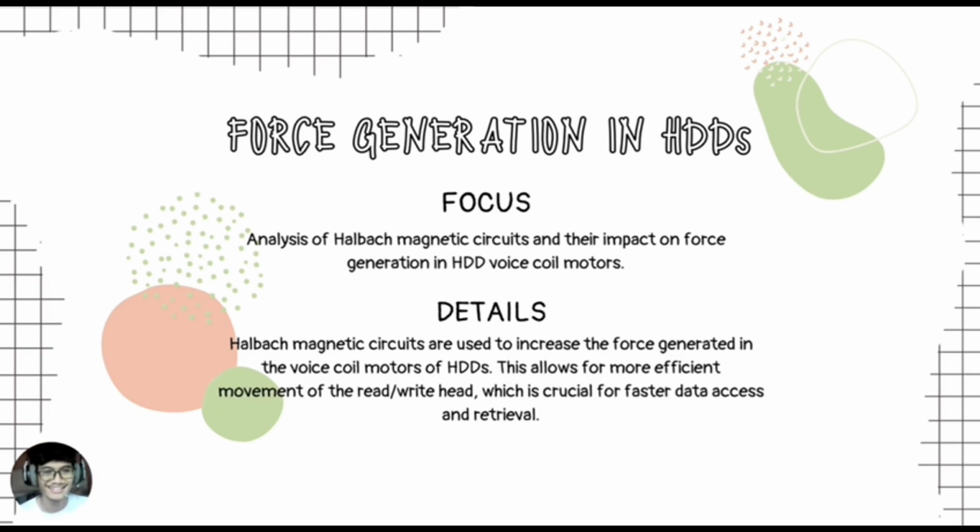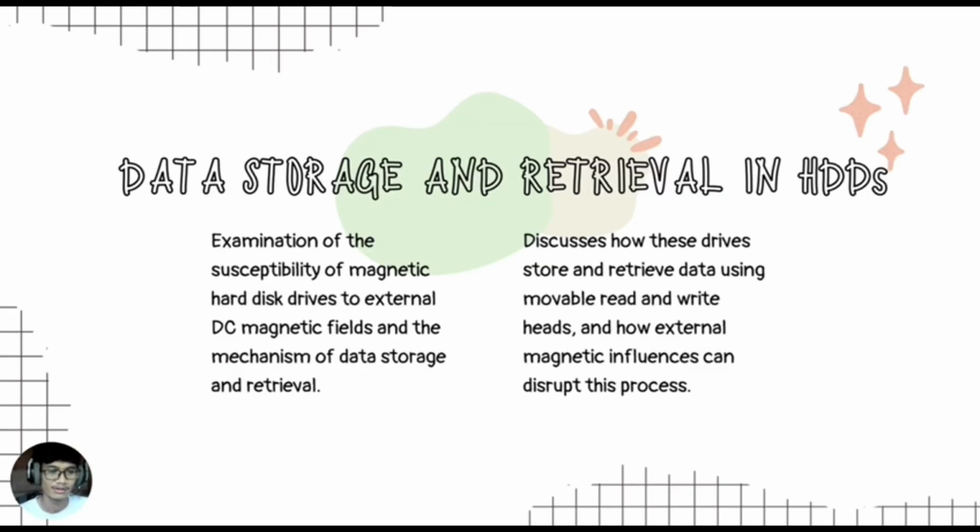In detail, Halbach magnetic circuits are used to increase the force generated in the voice coil motors of HDDs. This allows for more efficient movement of the read and write head, which is critical for faster data access and retrieval.